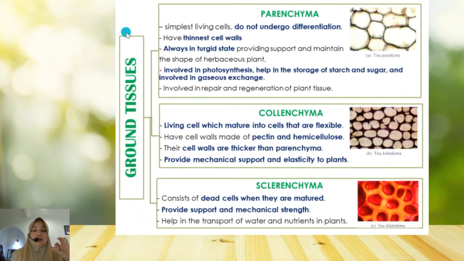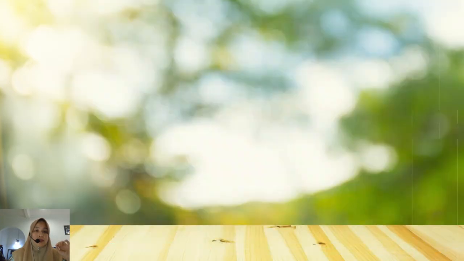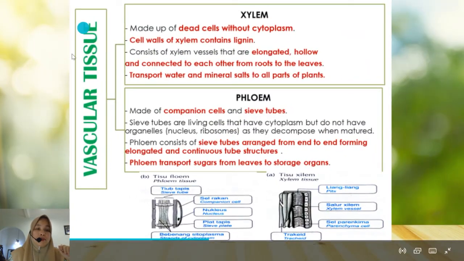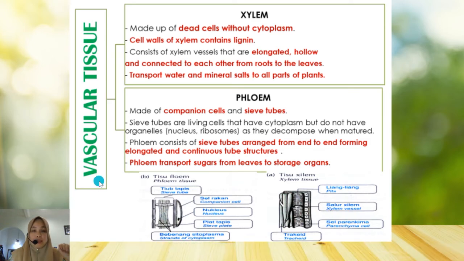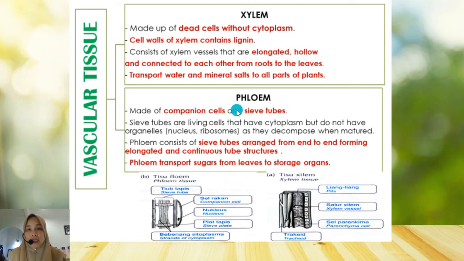Now, the last one, we go to the vascular tissue. As we learned before, vascular tissue can be divided into xylem and phloem. Xylem is made up of dead cells, not living cells.